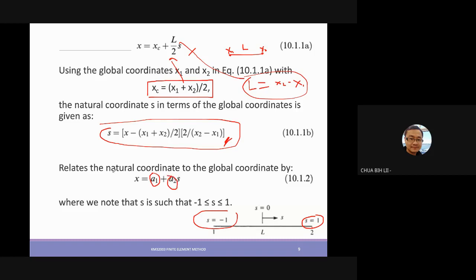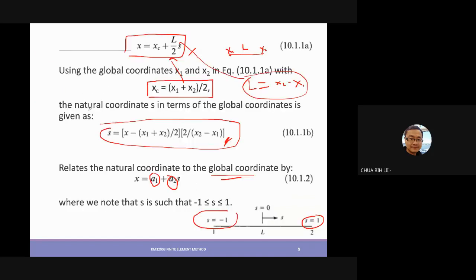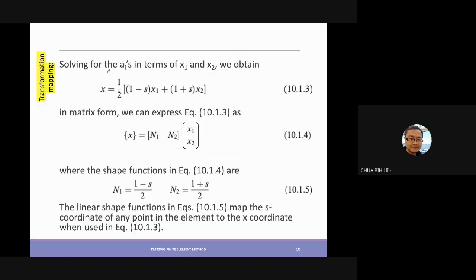So once we get this, it is very similar to the global coordinate as well. You still have the A1 plus A2 s, the same form of the displacement functions that we use to derive for a bar element. Now what we need is, from this so-called x, we use the same concept and resubstitute, and we can form the matrix.